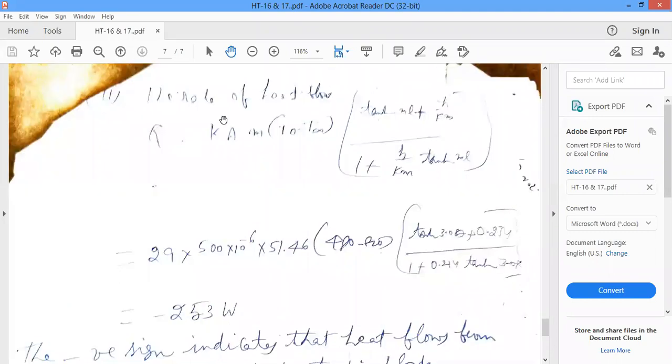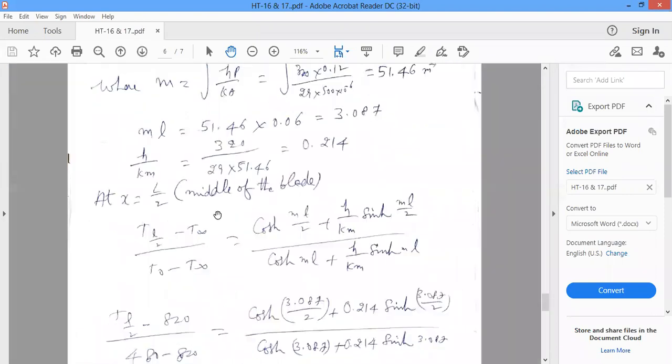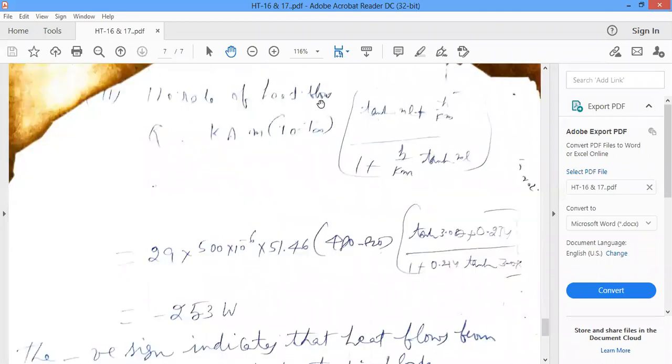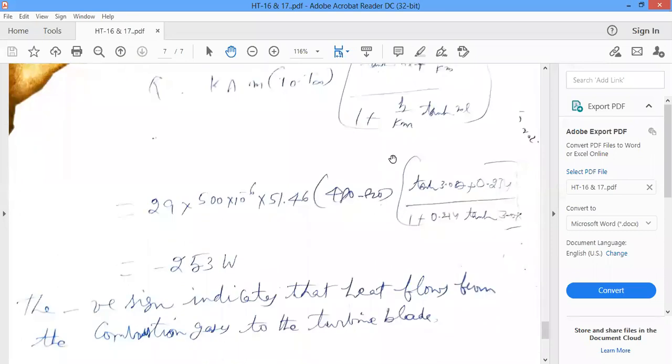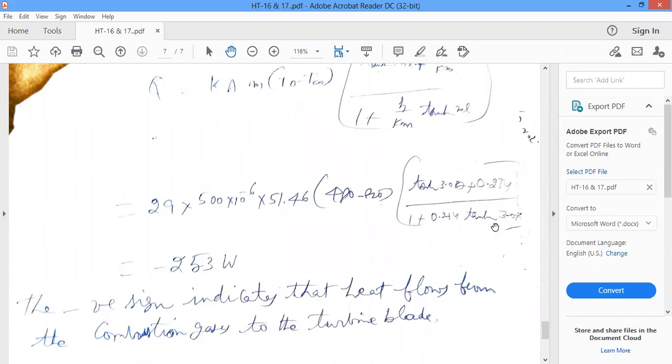So heat transfer rate through the fin Q is equal to k value 29, area, the cross sectional area given as 500 mm square, but converting mm into meters, 10 power minus 3 into 10 power minus 3, that is 500 into 10 power minus 6, into m value 51.46, into T naught value 480 minus T free stream value 820, into tanh of ml value 3.087 plus h by km value 0.214, divided by 1 plus h by km 0.214 into tanh of ml value 3.087.